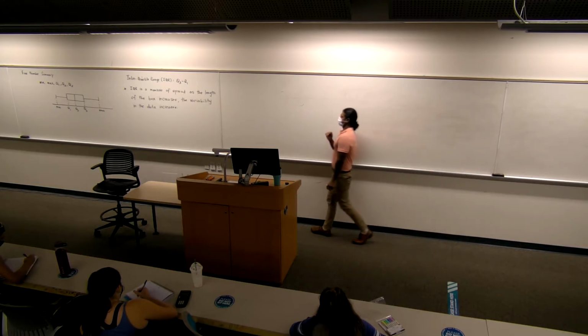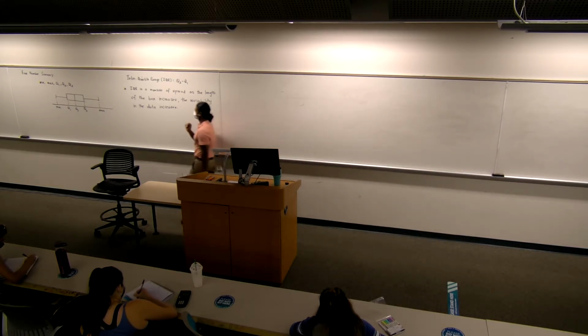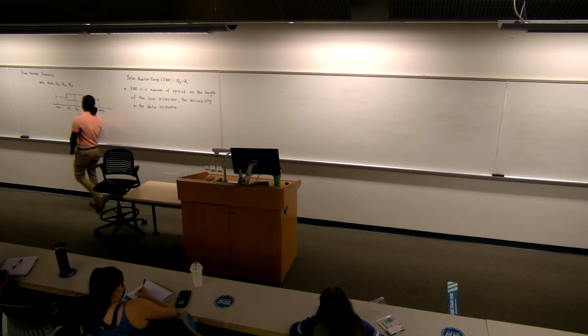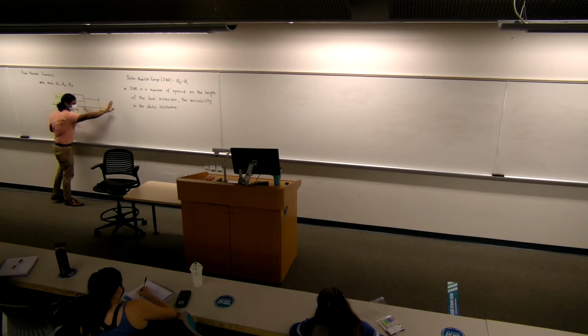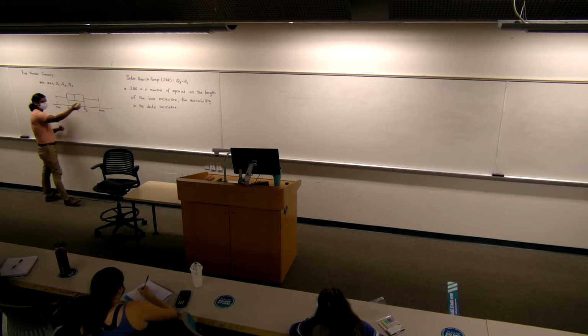And what do you think the inference would be if, say, one of the whisker lengths is greater than the other?